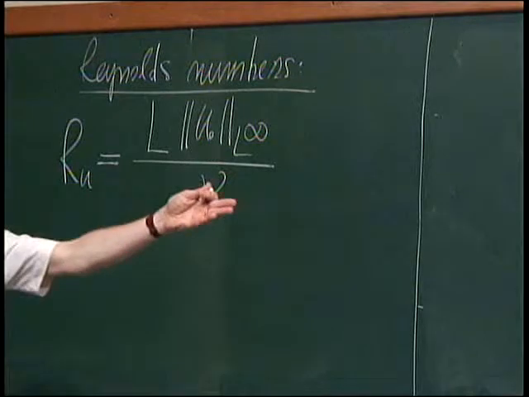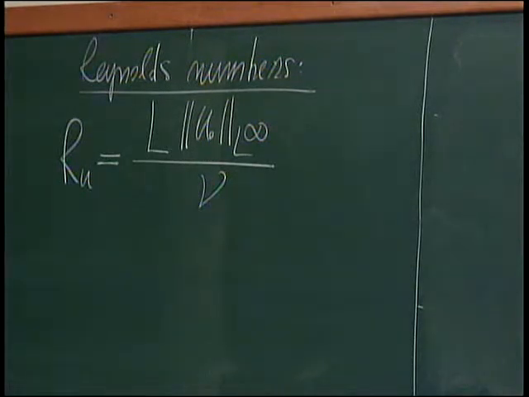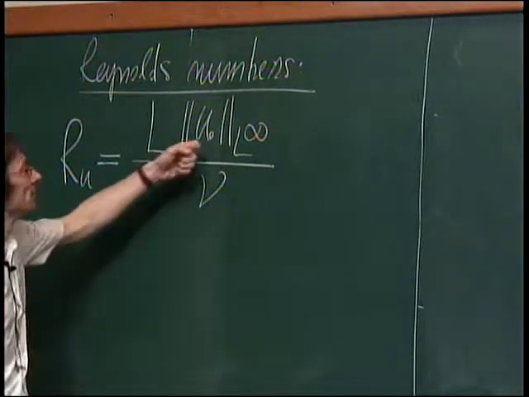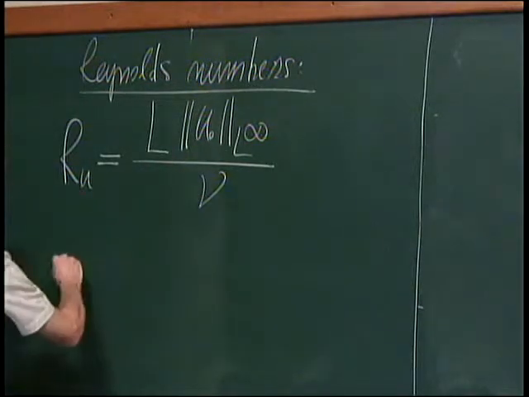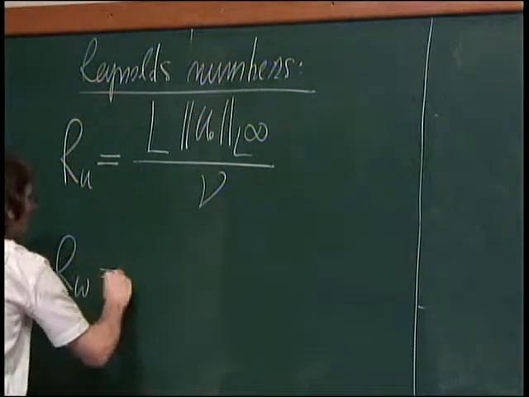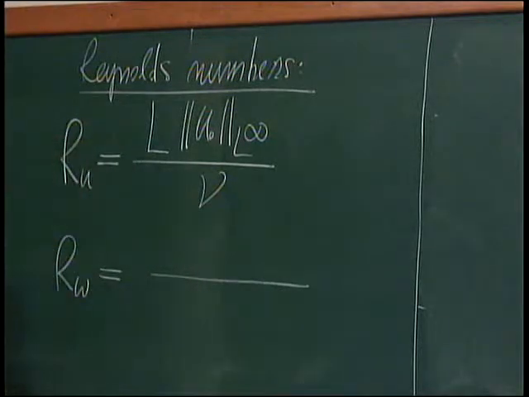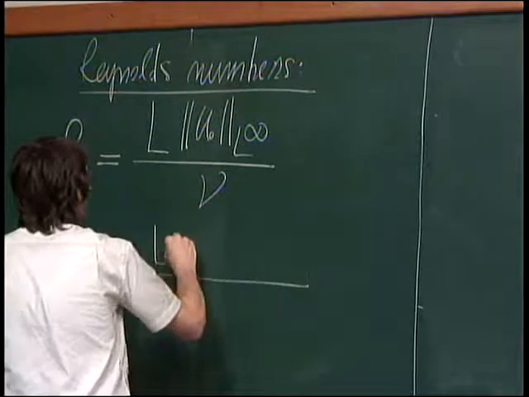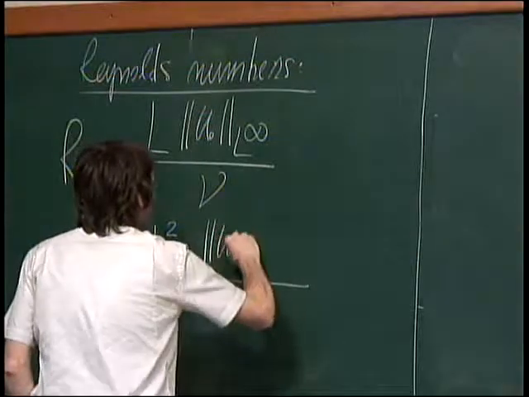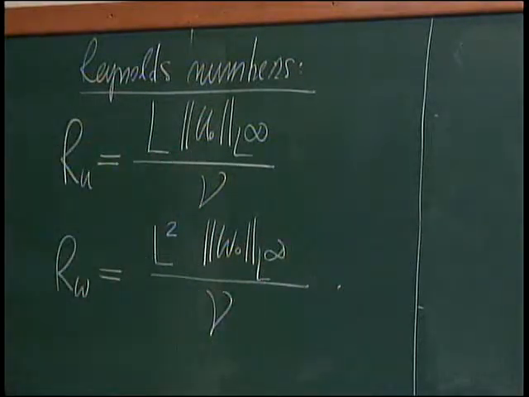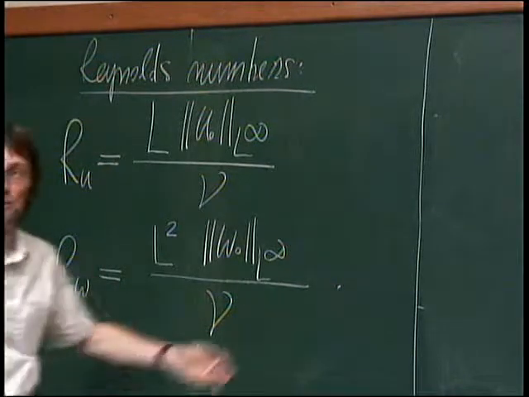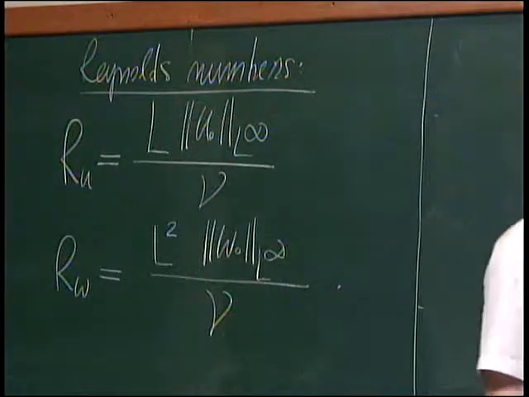L is now my L, U0 in L infinity is the maximal initial speed, and nu is the kinematic viscosity. I also define the corresponding quantity for the vorticity: L squared times the L infinity norm of omega 0, divided by nu. So these are the velocity and the vorticity Reynolds numbers, respectively.